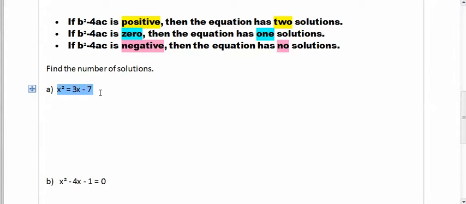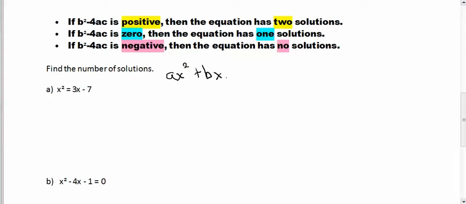So here's our first equation right here. We're going to do this one first. The first thing you need to do is ask, is it in standard form? Is this ax squared plus bx plus c equal to 0? We say no, it's not, but you need to put it there.